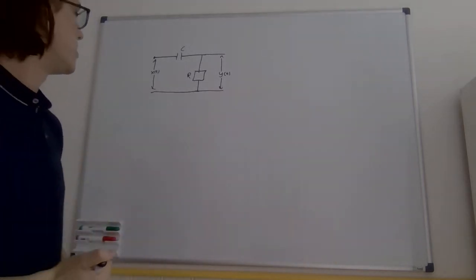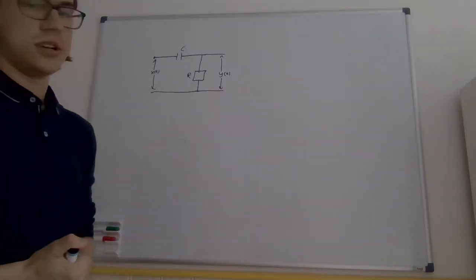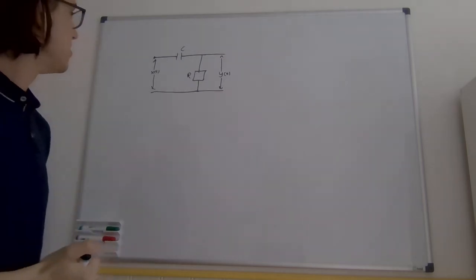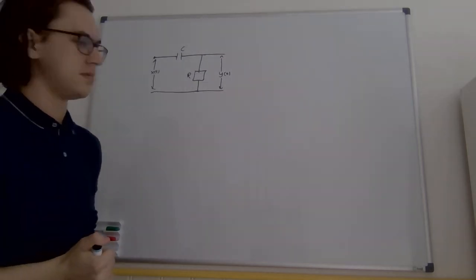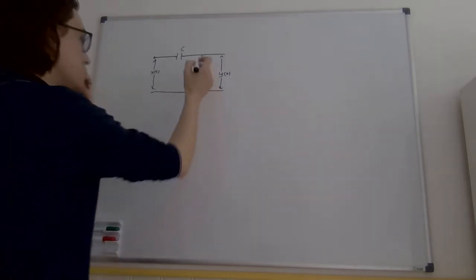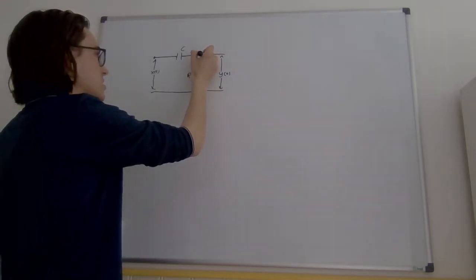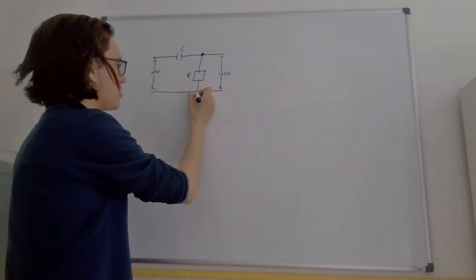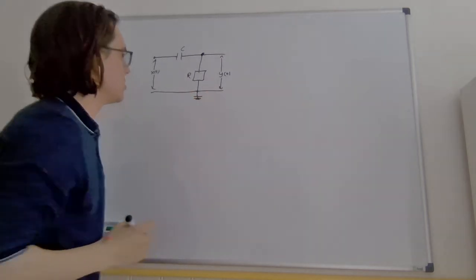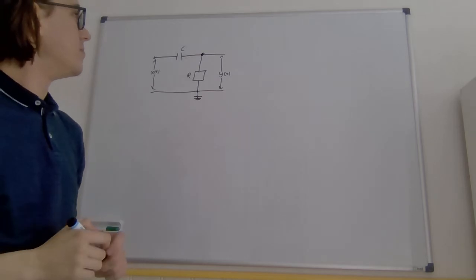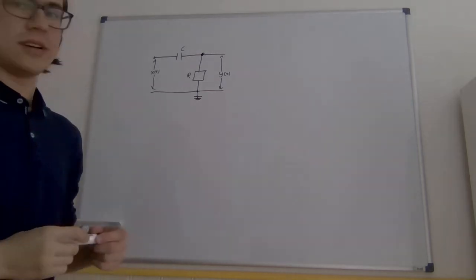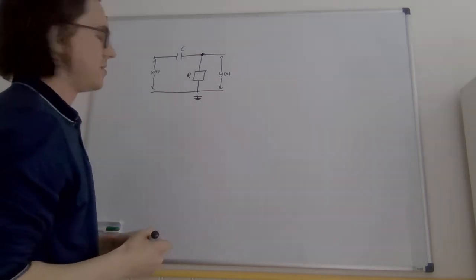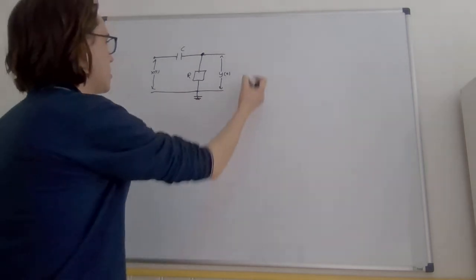First, we're going to set up a differential equation which connects the function x to the function y. To do this, we're going to consider some nodal analysis in this node of the circuit. First, we're going to set a reference ground over here, so we can calculate the values of the voltages in the circuit.